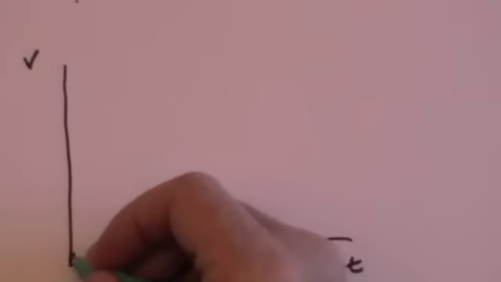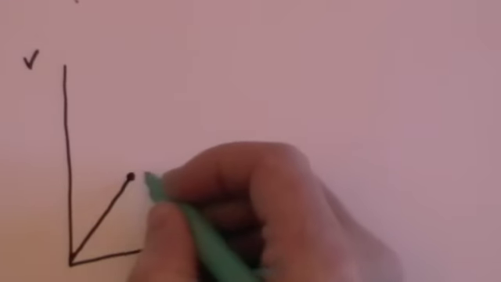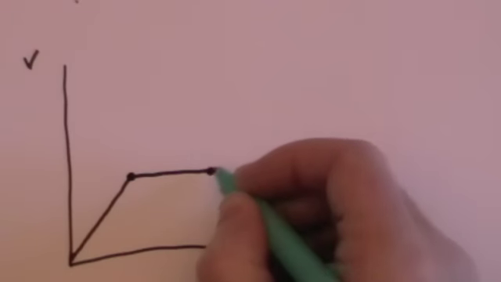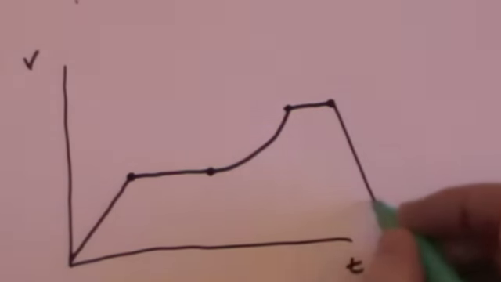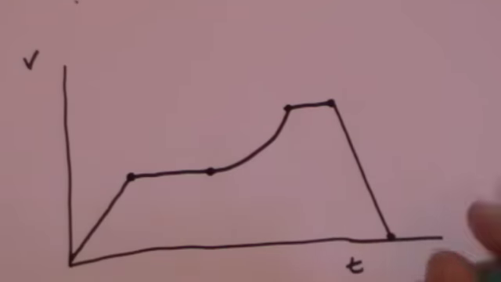So let's draw another velocity time chart like we did before. This is velocity, this is time. I'll draw it and then we can analyse what we're looking at. There's the first part, the second part, the third part, fourth part, and fifth part.